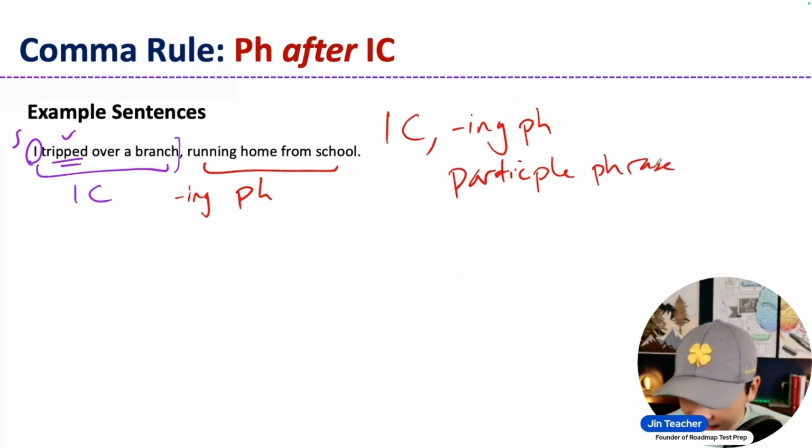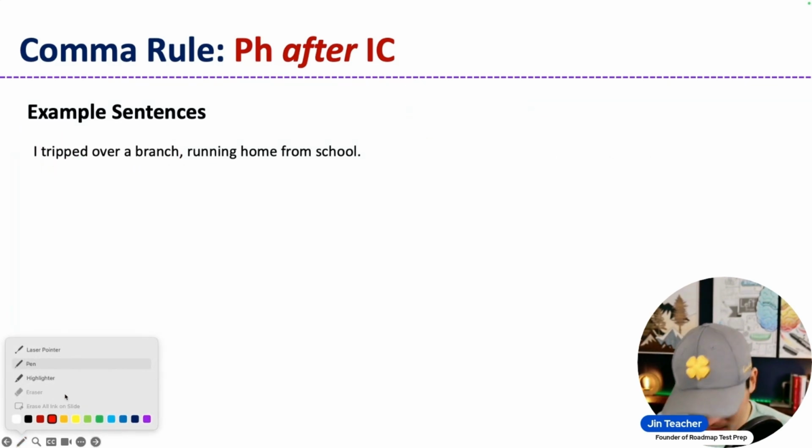The SAT likes to create these types of sentence structures just because it's a little bit harder. Students aren't as familiar with it. But just know that it is acceptable. You can have an independent clause, comma, ing phrase. It is a grammatical sentence, even though it sounds a little bit awkward or unfamiliar to you. I'll teach you exactly how you know it's okay in a few seconds.